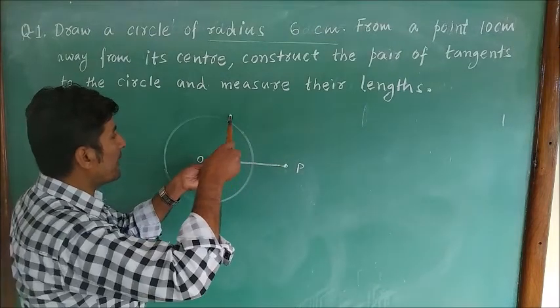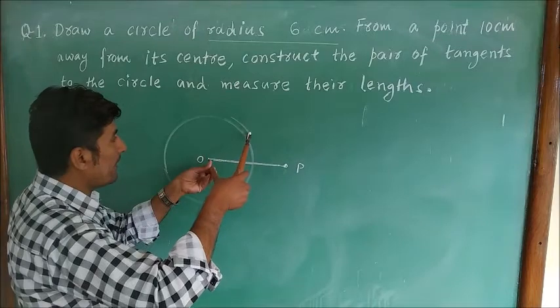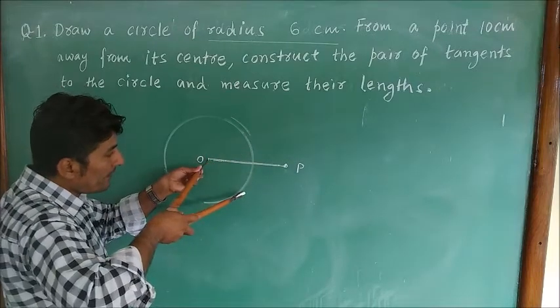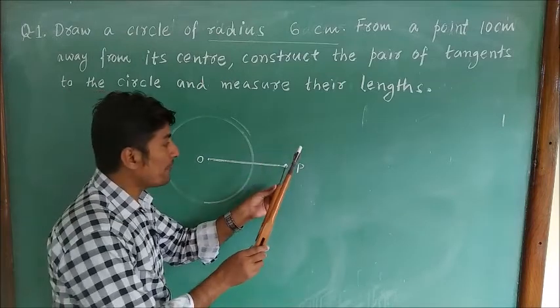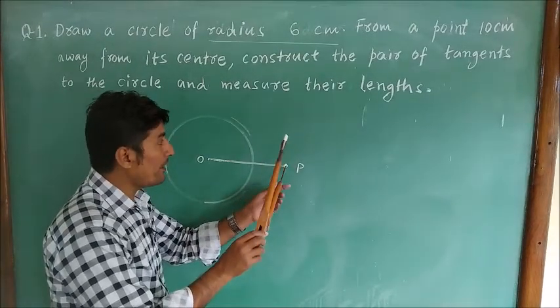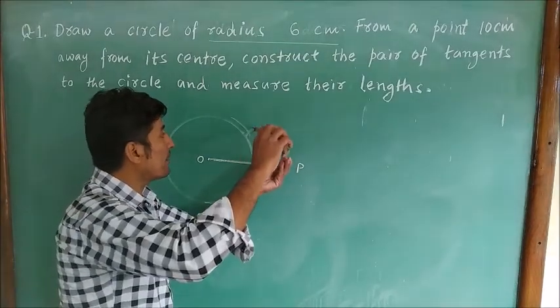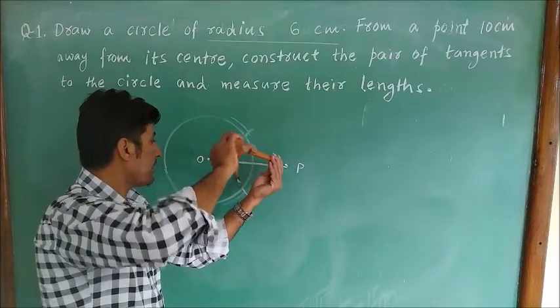So first of all, we will make one arc here and a second one here. With the same measurement, no need to change the measurement, from point P also, we have to intersect on this arc and this arc also.